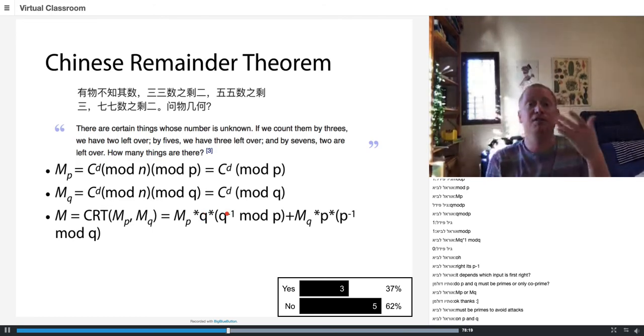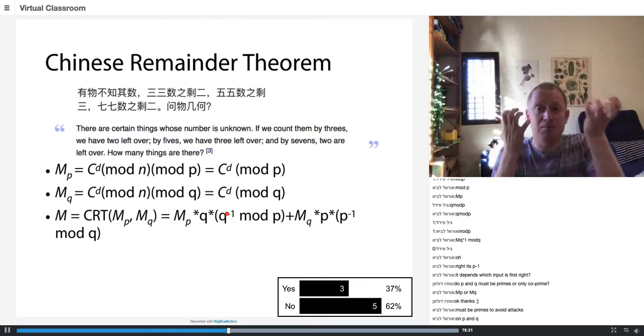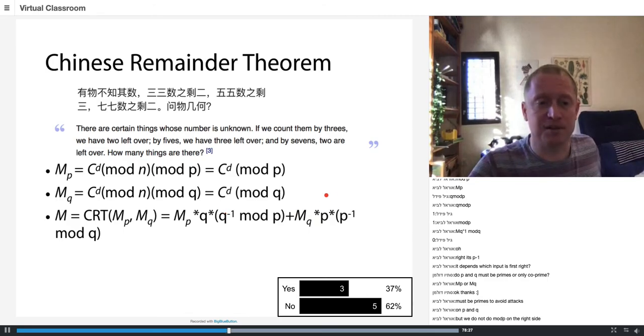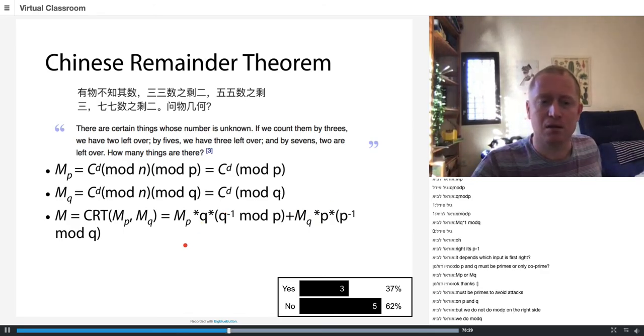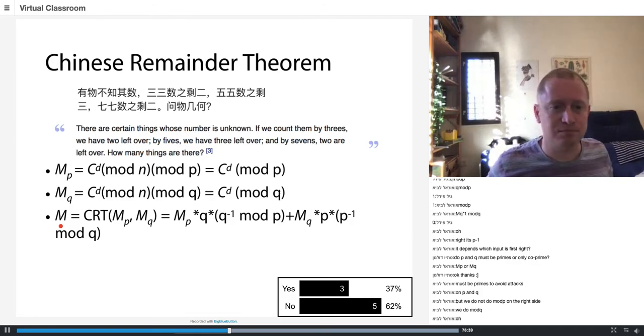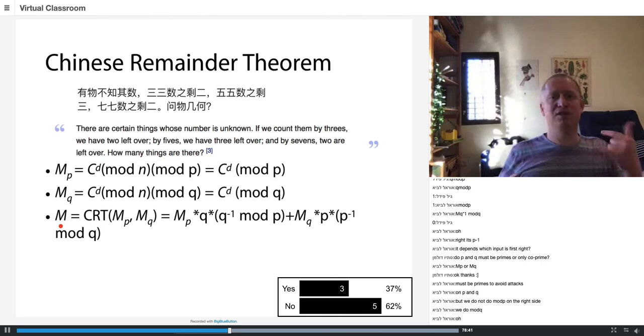We defined it so that if I multiply q by the inverse of q, I get 1. I'm showing you that if I reduce this modulo p, I'm going to get m sub p.